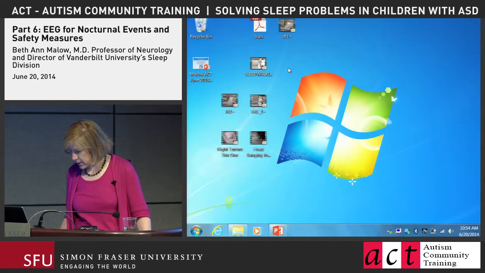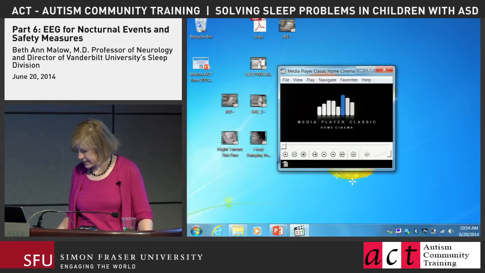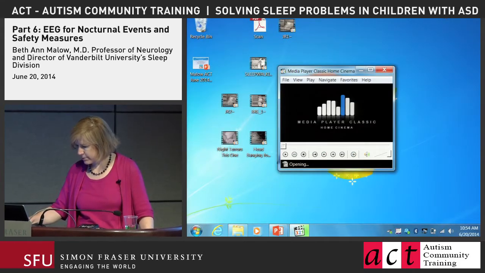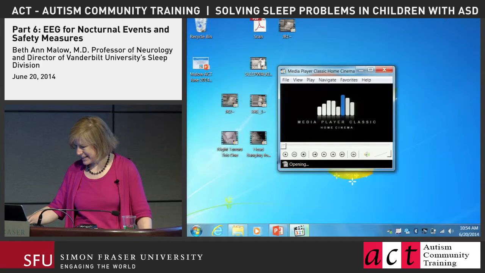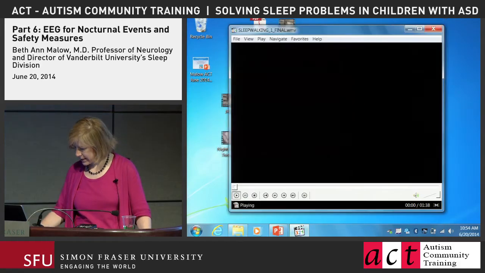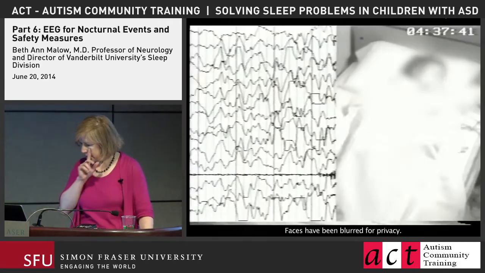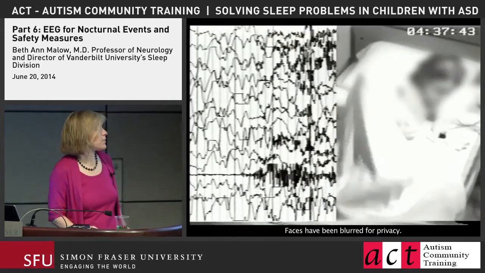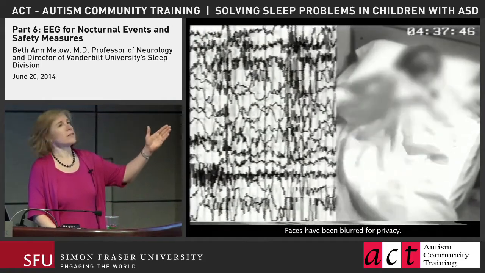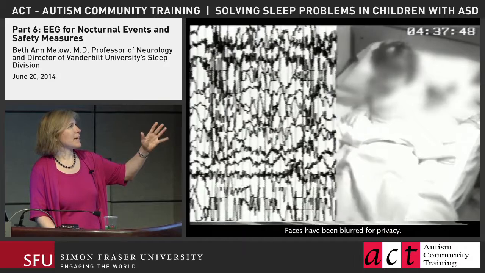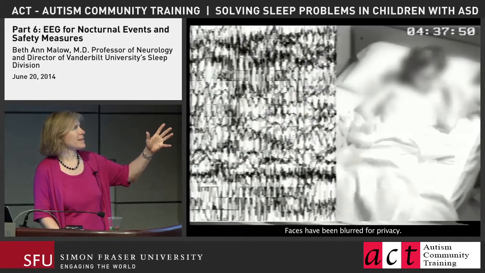So the first one is an example of sleepwalking, and this is something I brought with me from the University of Michigan because it's such a classic example. Let's see, opening, okay, there we go. And what you see in this video, this little girl is going to make multiple attempts to get out of bed, and she finally is going to be successful.